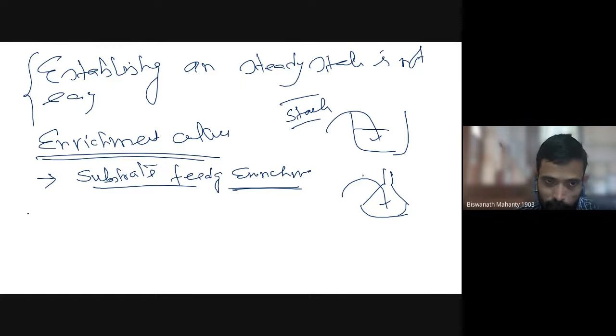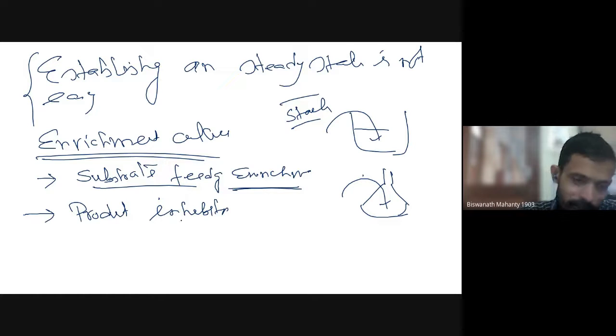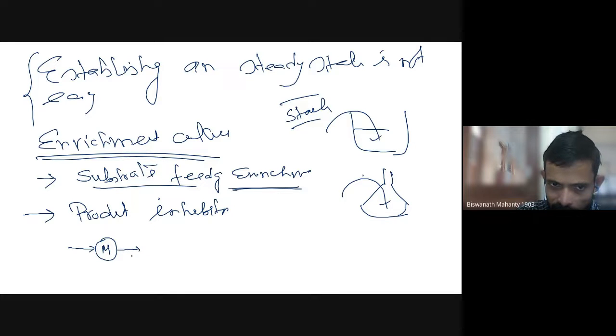Another way people can also do is going for product inhibition, for example. What could be the possibility of inhibiting? Let me talk about one microorganism. This microorganism, for example, takes your substrate or food and produces something.